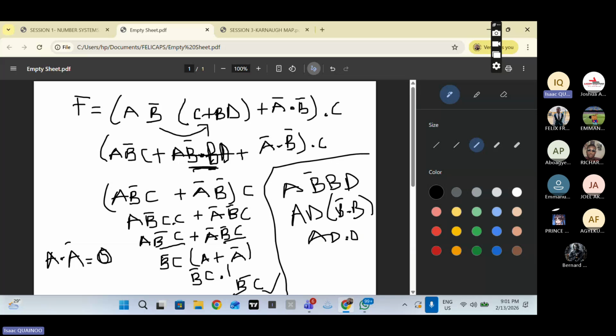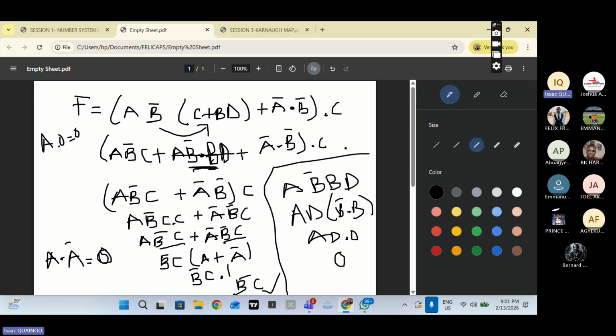And if you remember the laws, we said when we have A times 0, the result is always 0, right? No matter what your input is, even if it's 1, if the other is 0, it will still return a 0 because you are dealing with the AND gate. The output can only be true if both inputs are true. But here lies the case: one of your inputs, no matter what you do, will be 0. So the final output will always be 0.